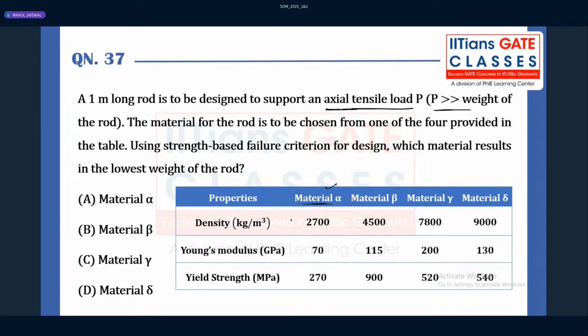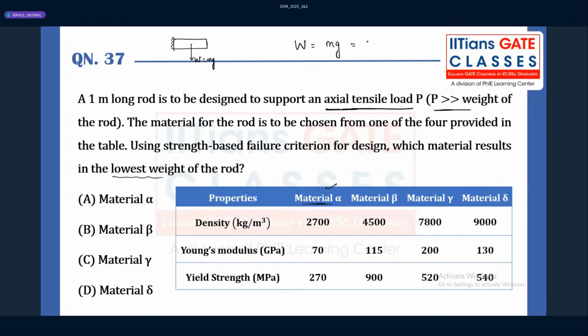But again, think based on the last line, the lowest weight. What is the weight? If you calculate the weight, that is mg. If you take the rod without applying the tensile load, the weight is mg, which is supposed to act at the center of gravity of that particular rod.